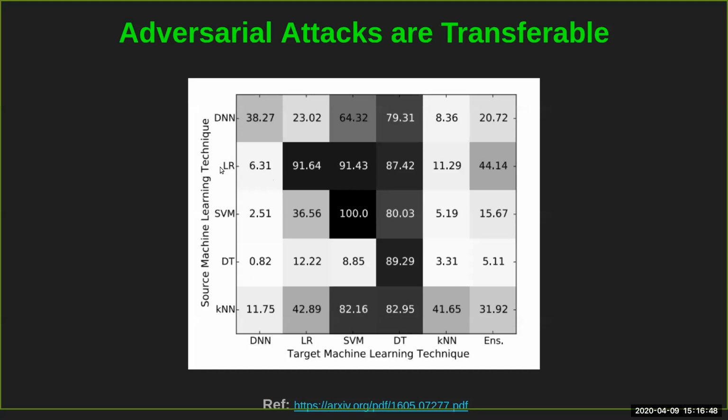For logistic regression, it gives you 91% transferability. In case of SVM, we have 100% transferability, and obviously it is based on the constraints that the paper researchers have applied while implementing the algorithm. If you want to know more about these constraints and the settings they experimented with, you can check this research paper also.